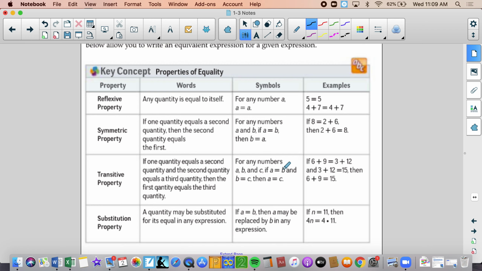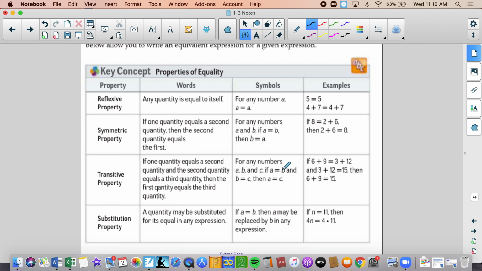The transitive property, love the transitive property. This one you will see and hear, and this will be very important for geometry. Geometry will use a lot of these theorems and rules and properties and identities. So the transitive property says if one quantity equals a second quantity and the second quantity equals a third quantity, then the first quantity equals the third quantity.